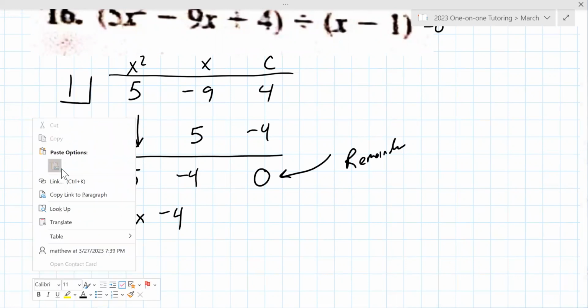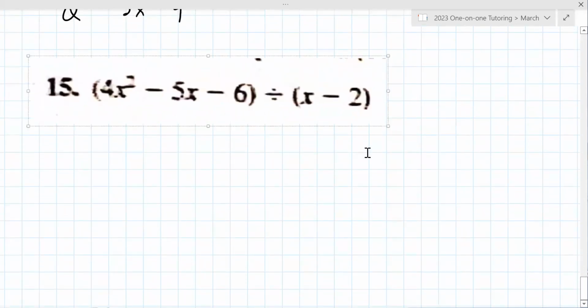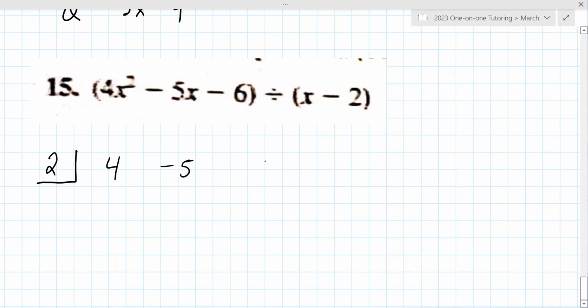Here we go. All right. So again, the number that goes in the box is based on this on the right. What would go in the box? 2. Then you write the coefficients, 4, -5, -6. What do you do with the 4?